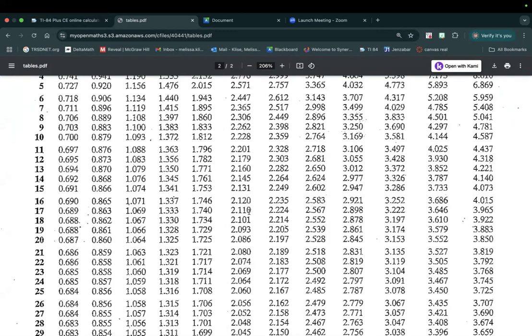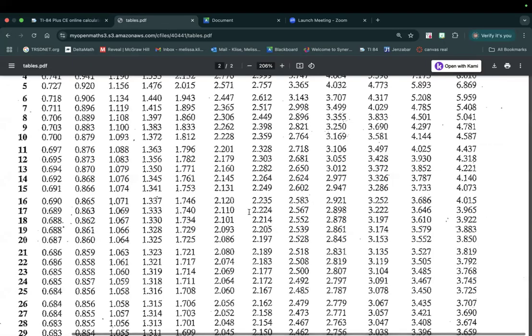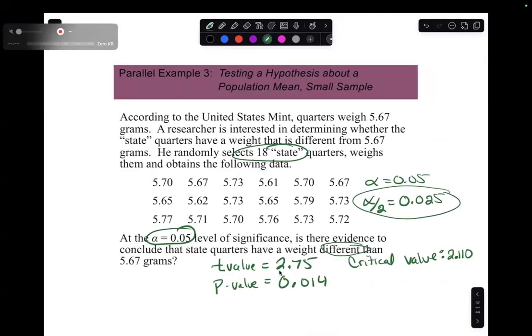Okay. So my t value is greater than this critical value. My critical value is plus or minus, because we need the positive and the negative. My critical value is 2.110, and my t value is greater than the positive, right?